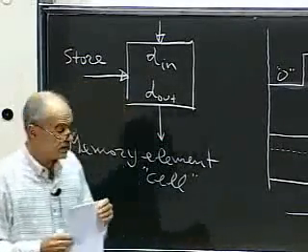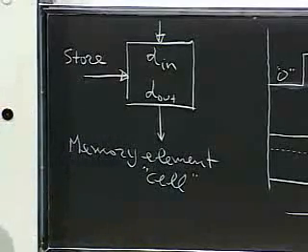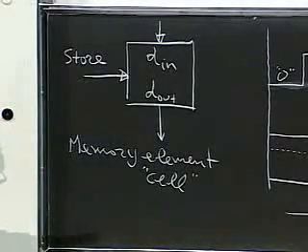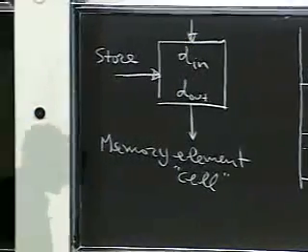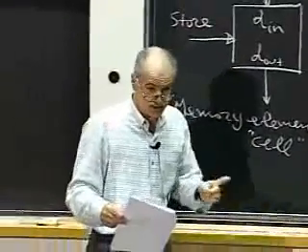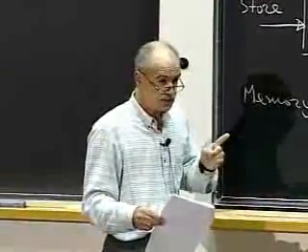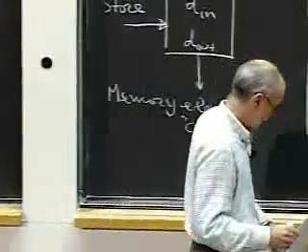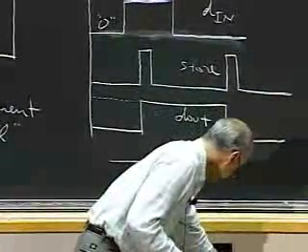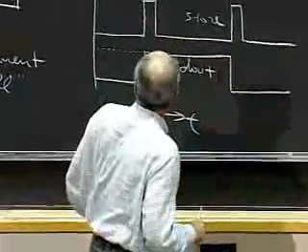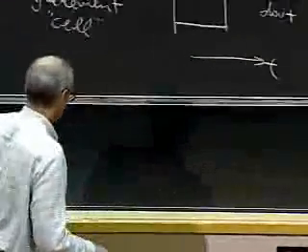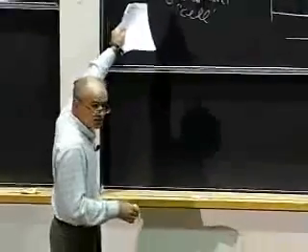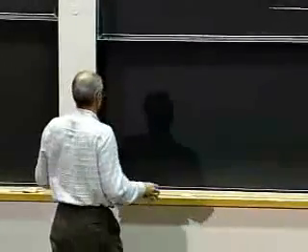All right, so now we're going to try to apply what we've learned so far to invent a basic memory element. And believe it or not, this is the key to the DRAM. So let's implement this in a circuit.